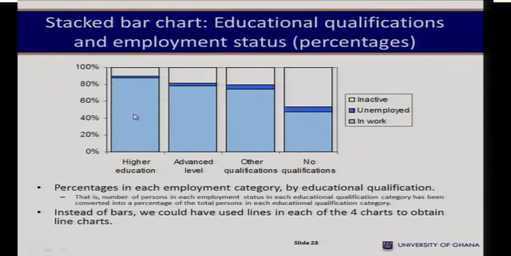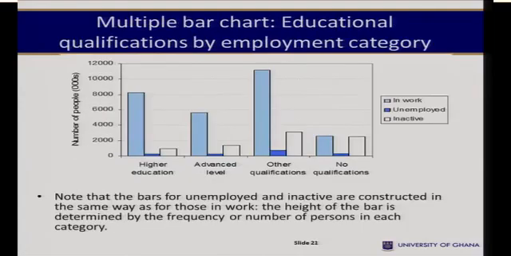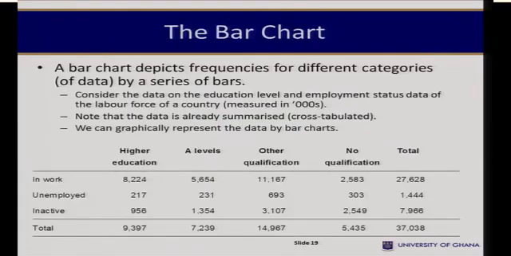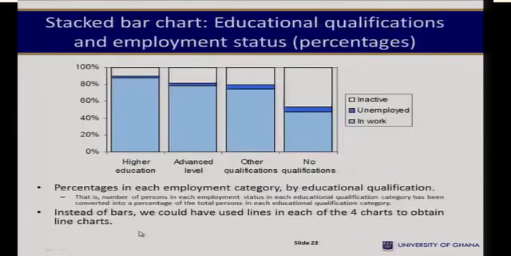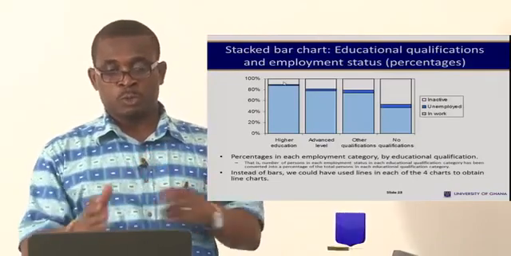What you do to get that percentage is to look at the higher education column, and then find 8,224, which is for in work and higher education, divided by 9,397, multiplied by 100. It gives you that percentage that you are seeing here. You do it similarly for unemployed and inactive, and the total must be equal to 100%.